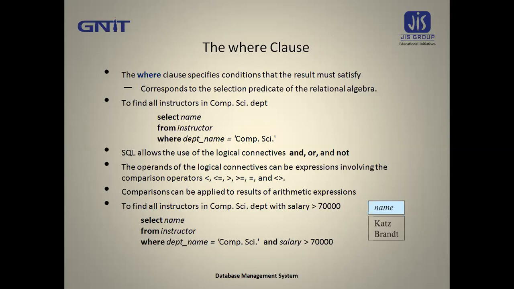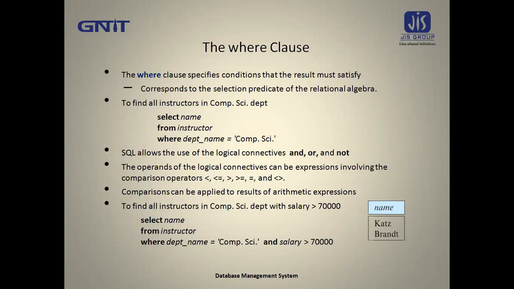Then you can also use and, or, and not operators. And in and, or, not, you can have less than equal to, greater than equal to, all kinds of logical connectives, right? So just take an example to find all instructors in computer science department with salary greater than 70,000. So in the previous instruction, it was select name from instructor where department name equal to computer science, and so we are taking one logical connective, and salary is greater than 70,000.